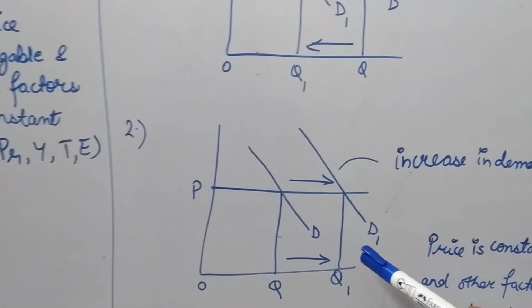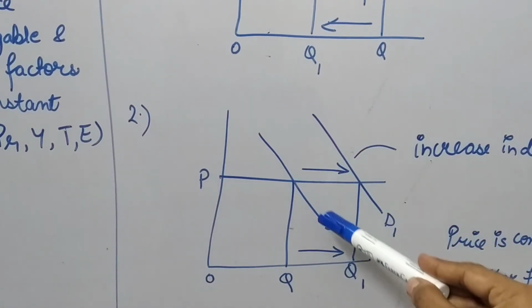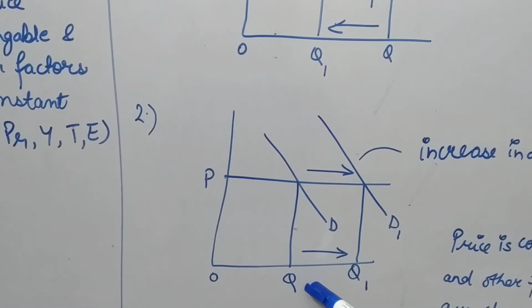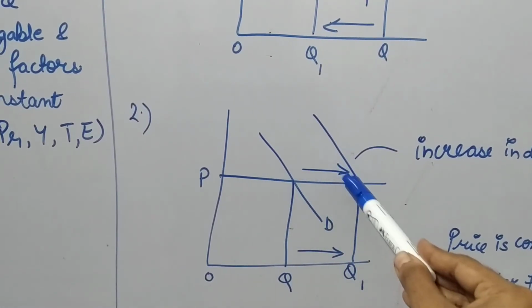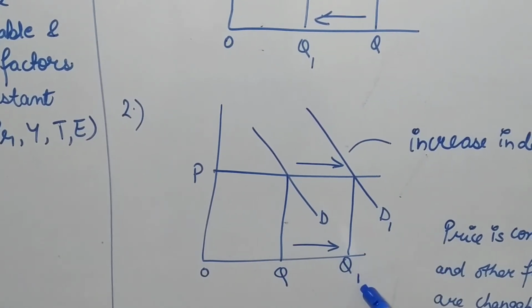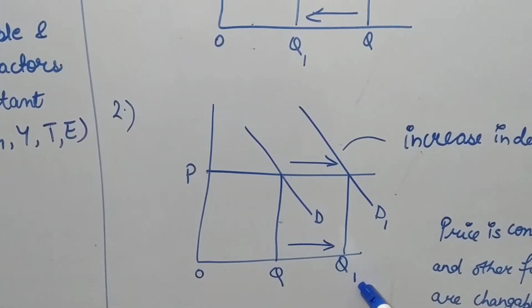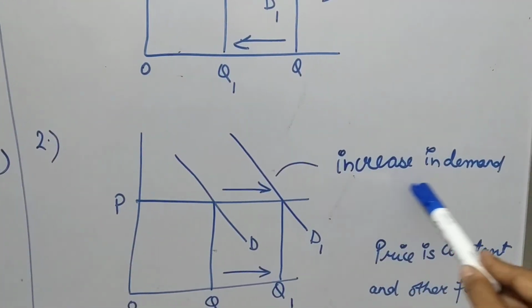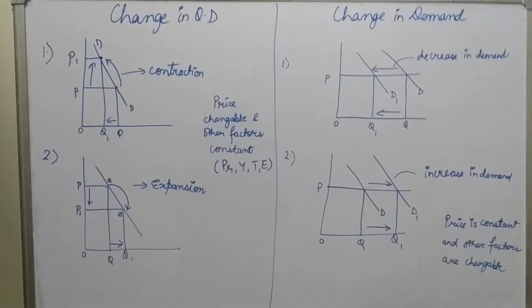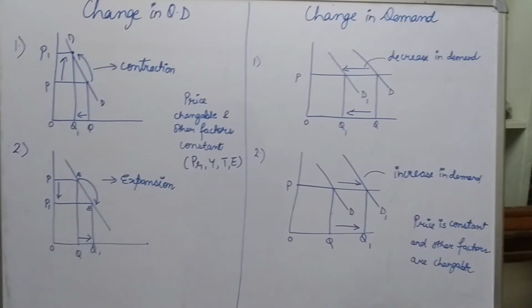In the second situation, if the initial demand curve is D and quantity is OQ, and demand increases, the demand curve will shift rightward, and due to the increase in demand, quantity increases from OQ to OQ1. This situation is known as increase in demand. Now you can see the basic difference between change in demand and change in quantity demanded.